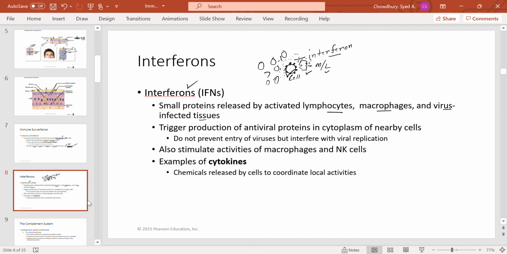So the interferon will alert these healthy cells and tell them to produce antiviral proteins, okay, and that antiviral proteins will protect these nearby healthy cells. Make sense? And that antiviral protein would not stop the invasion of the virus, but would stop the replication or division or multiplication of the virus. Okay, and that's how the healthy tissue or cells will be protected by the interferon. Make sense?